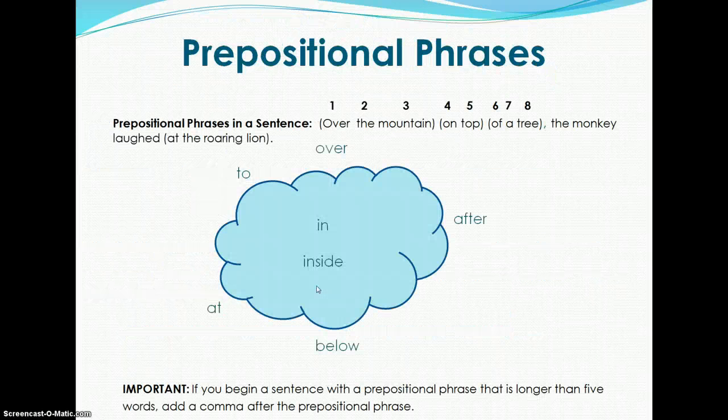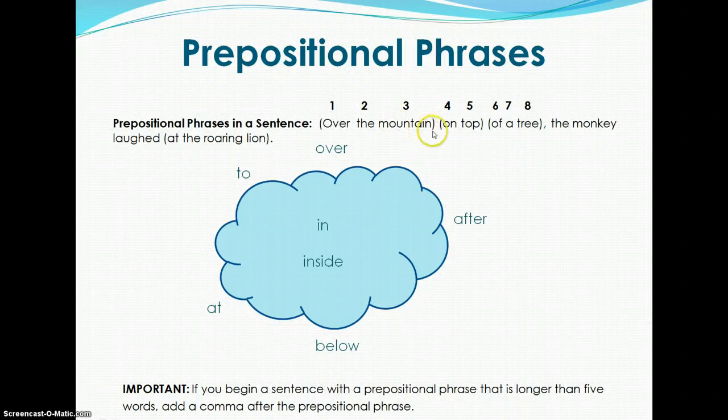I also want to take an opportunity to introduce you to the power of the prepositional phrase at the beginning of a sentence. In this sentence, notice that the monkey laughed is the main point. However, we have a very long prepositional phrase, and then a comma, and then a sentence that follows with another prepositional phrase.